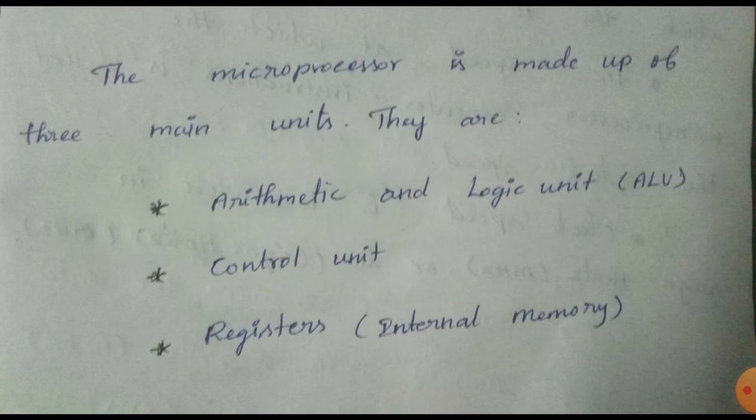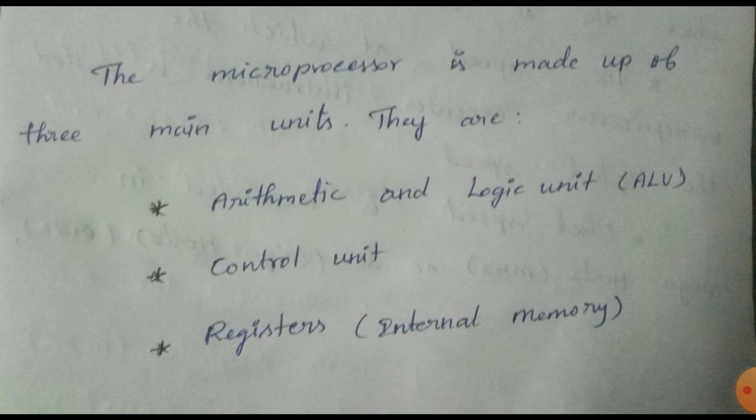The second one is the control unit, to control the overall operations of the computer through signals. The third one is registers, called internal memory. They are used to hold the instructions and data for the execution of the processor.